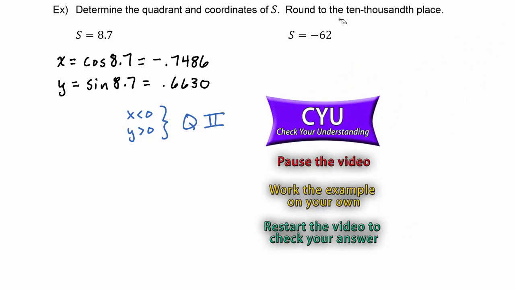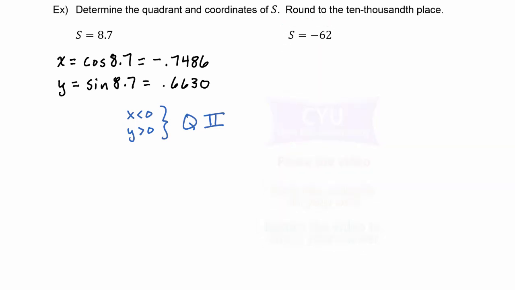Okay, pause the video and give this next problem a try. Then restart when you're ready to check your answer. We know our x value is going to be the cosine of negative 62. Now remember, this is still radians. This is not 62 degrees. There's no degree symbol there.